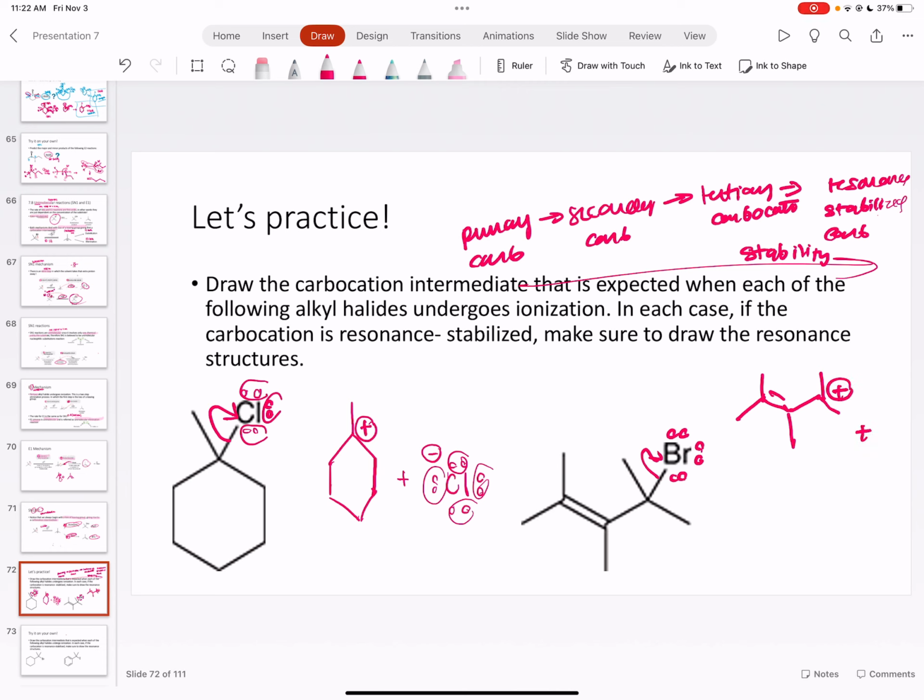Oh no, that's not that pretty. So if you remember your resonance patterns, I can always move a double bond next to a positive charge.